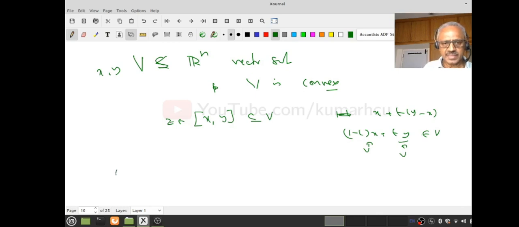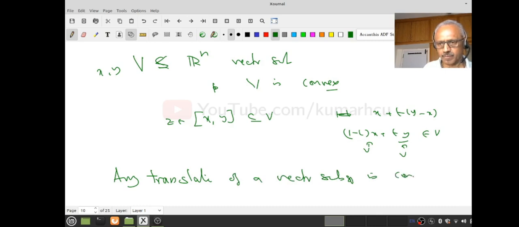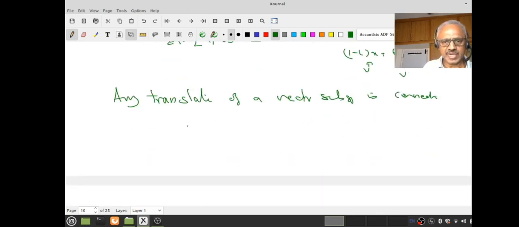The next thing: any translate of a vector subspace is connected. That's very easy, because what is meant by translate?